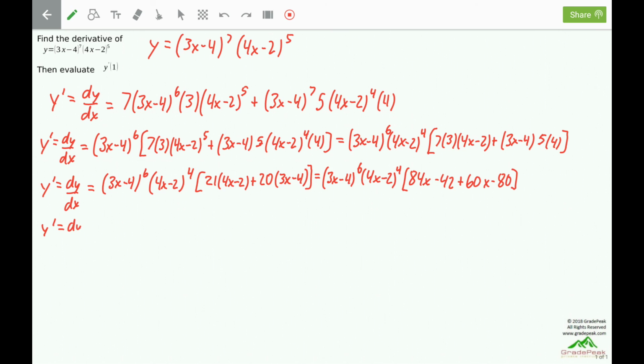So y prime, or dy dx, will equal (3x minus 4) to the 6th times (4x minus 2) to the 4th times, and then we can add like terms together. The 84 and the 60 can add to 144x, and then minus a 42 minus an 80 will be minus 122.